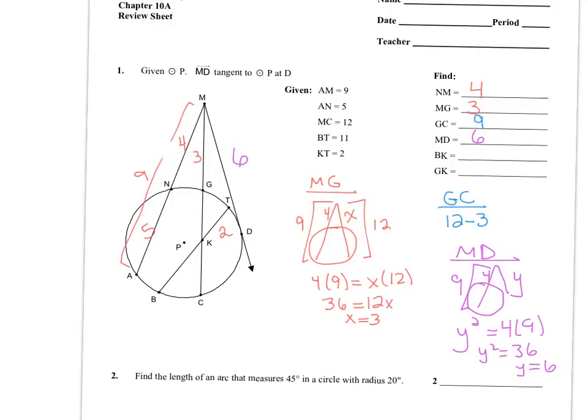Running out of room, the next thing they need is BK and then GK. Okay, so BK.